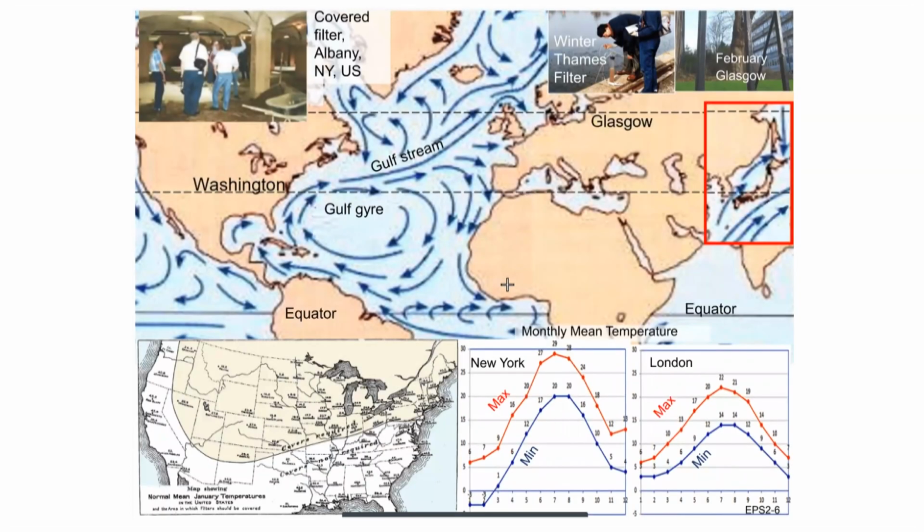Compare the monthly mean air temperature, in that case New York and London. In New York, it's very cold in winter, but in summer it's high. But in London, even in winter, it is higher than New York.